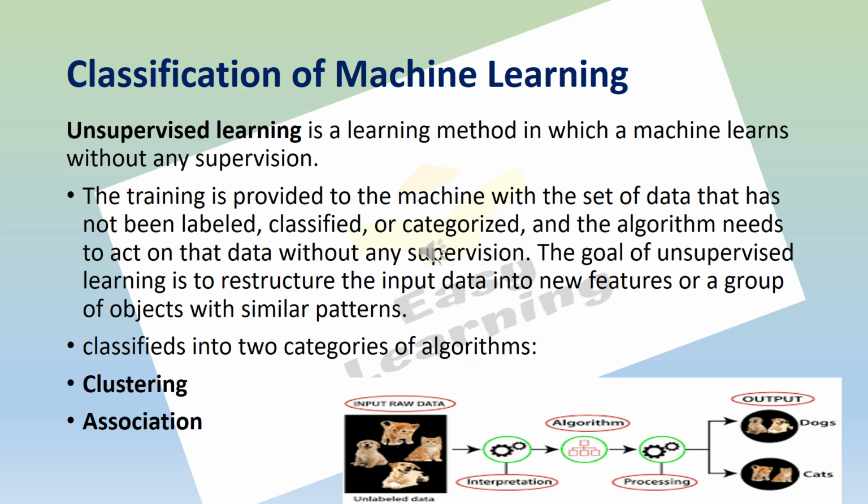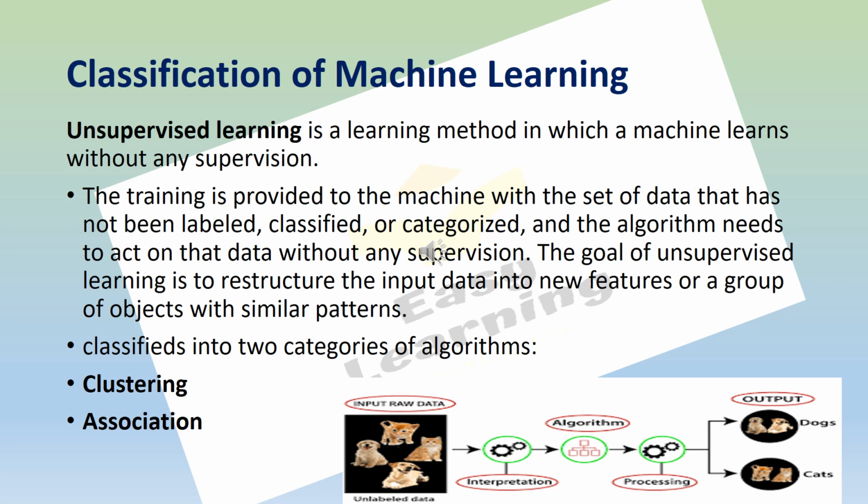We have unlabeled input data, which means it is not categorized, and corresponding outputs are not given. Now, the unlabeled input data is fed into the machine learning model in order to train it. Firstly, we interpret the raw data to find the hidden pattern.